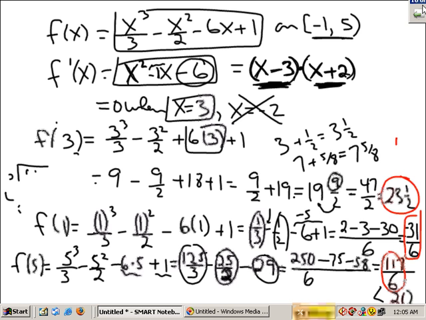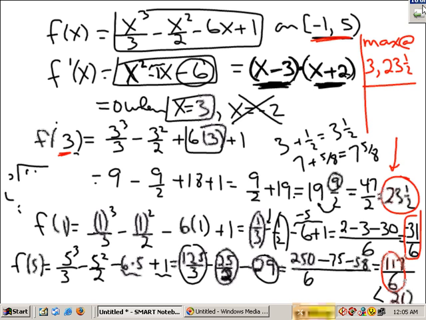So, here's our possible max. That happened at 3, which is in the middle of our interval. So we have our max at 3, 23.5.